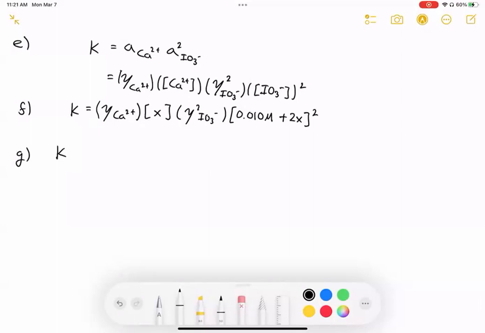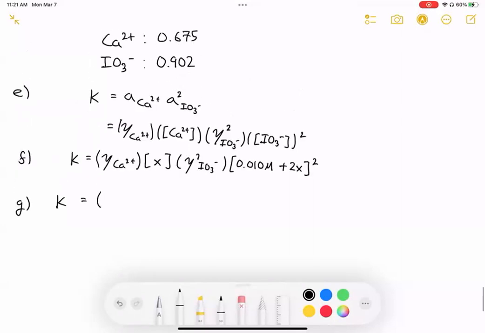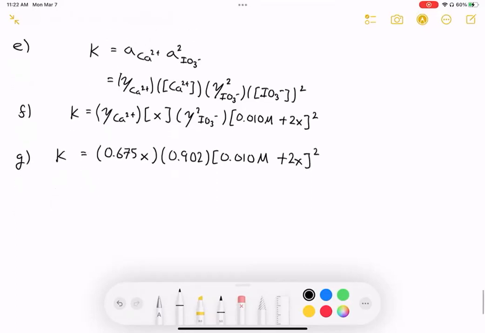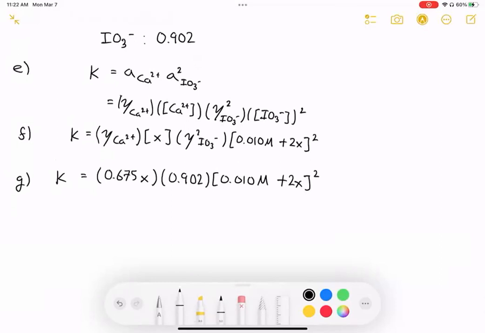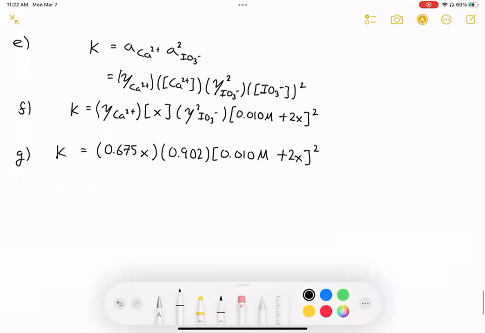G: K equals the coefficient for calcium, 0.675, X, times the coefficient here, 0.902, times 0.010 molar plus 2x, squared. So I would leave it in this form. You can expand it if you'd like, but it might be easier to just do it in this form.